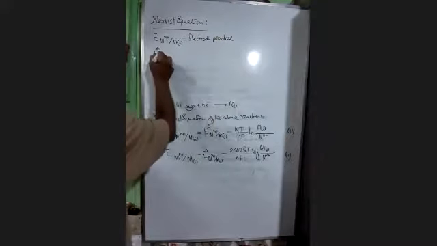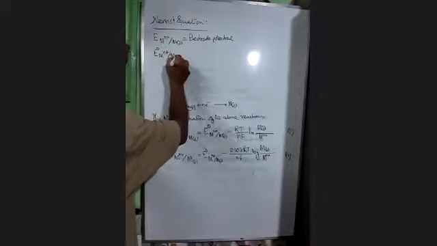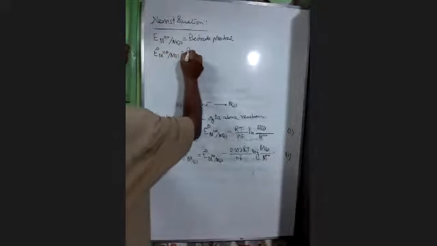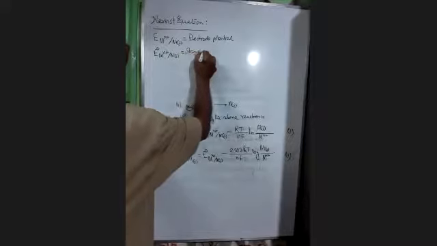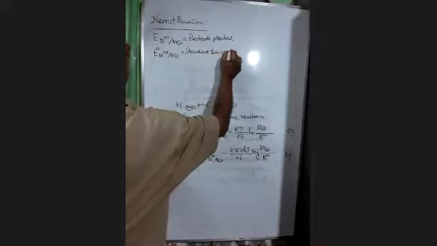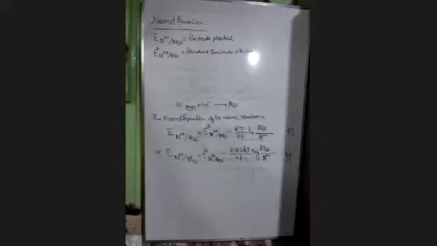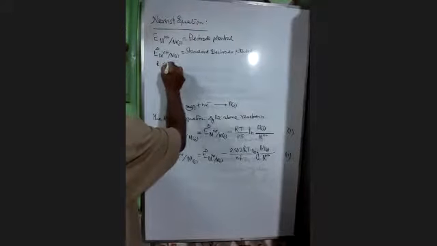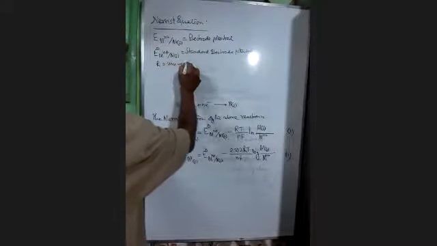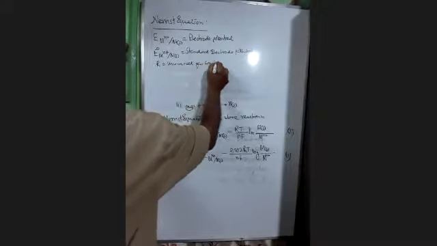This one you get from the standard book, from the series. It is called standard electrode potential. Okay, what is R? Universal gas constant.